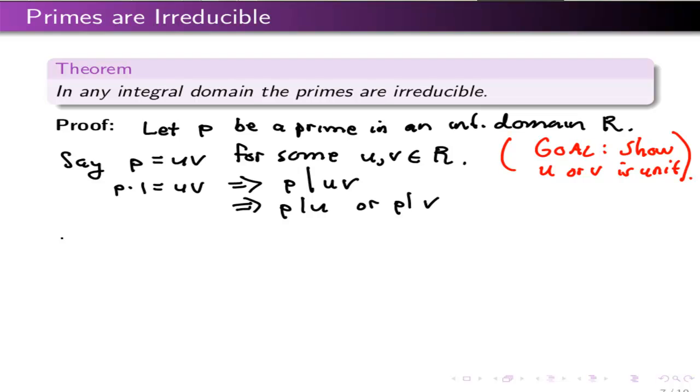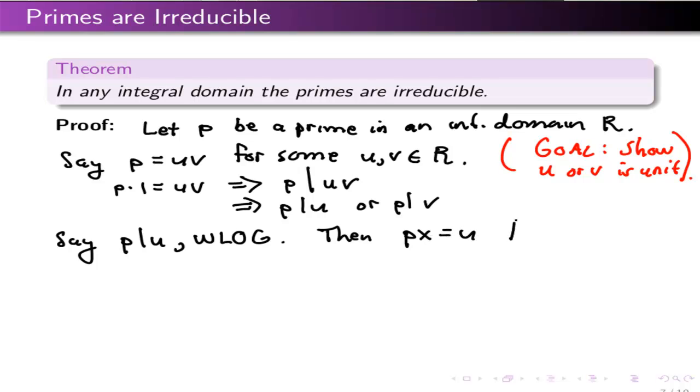So say, without loss of generality, P divides U. Then Px equals U for some x.